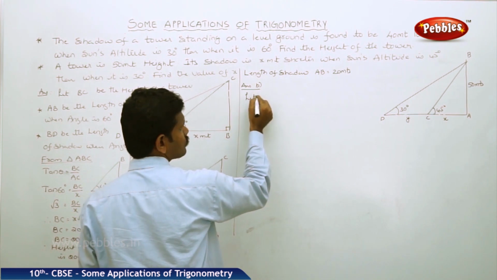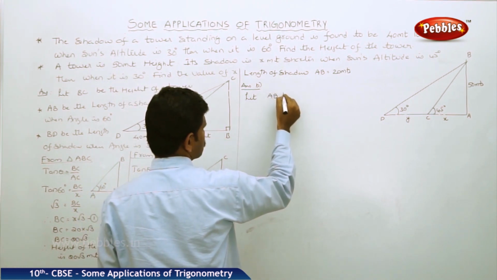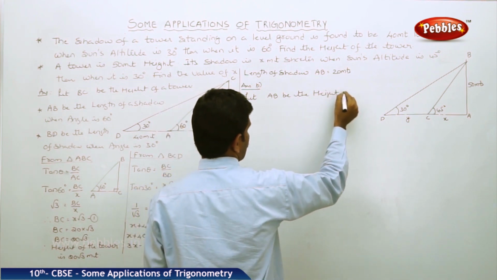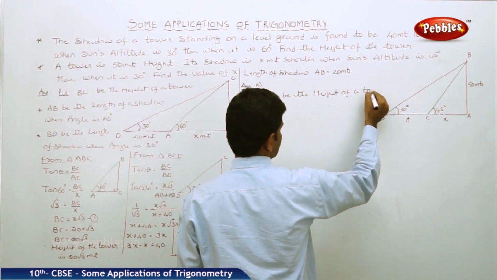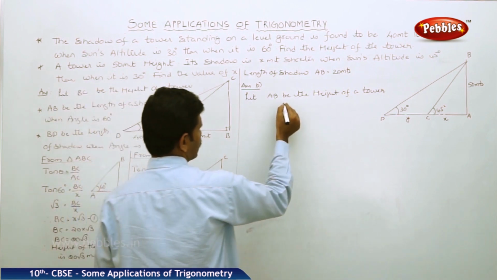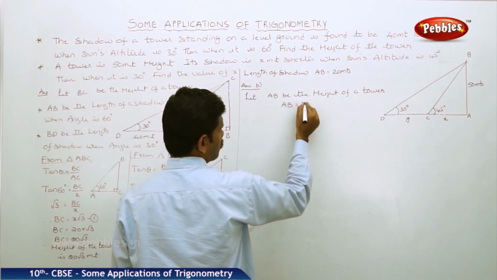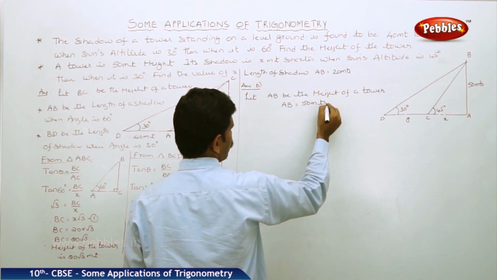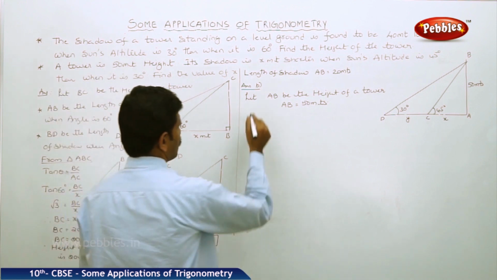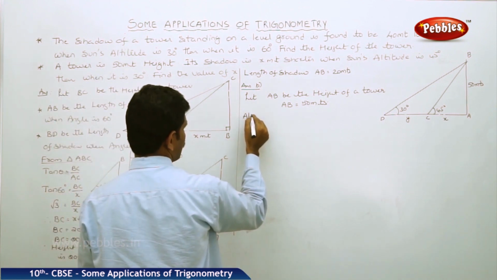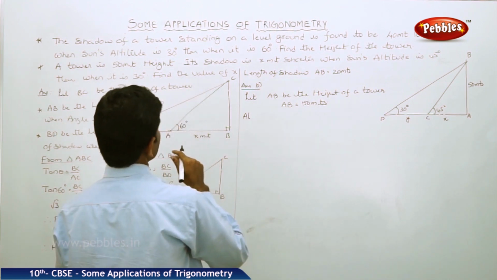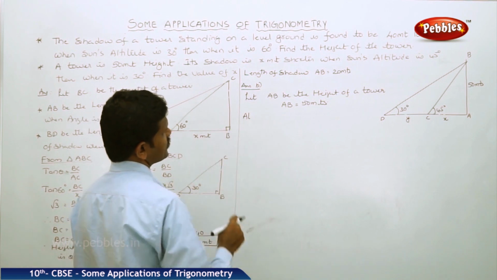Let AB be the height of a tower, and AB is equal to 50 meters, and the shadow is x meters shorter.